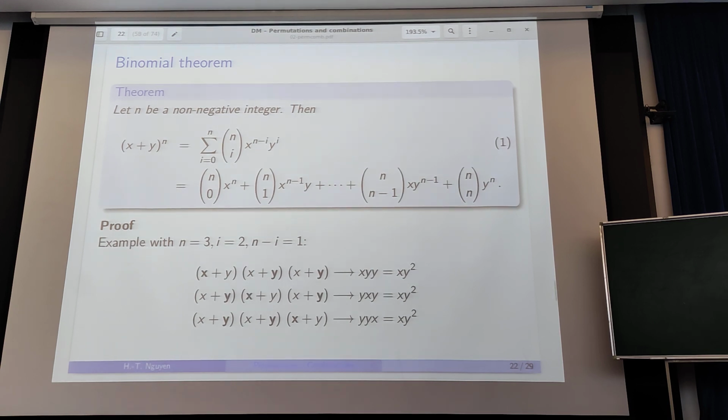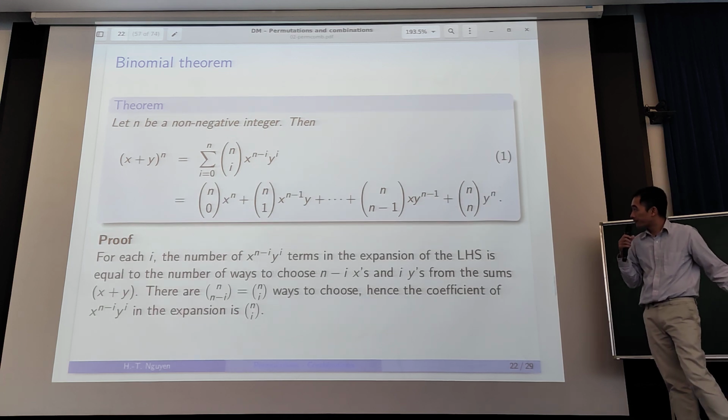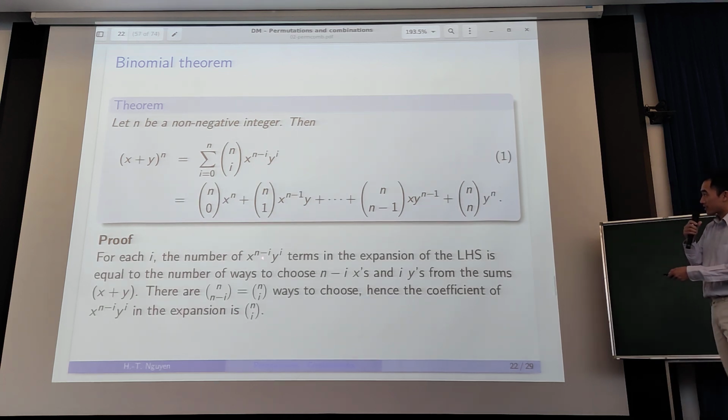Okay, so if we generalize to the general case here, the general term on the right hand side has the form x to the power n minus i, y to the power i.